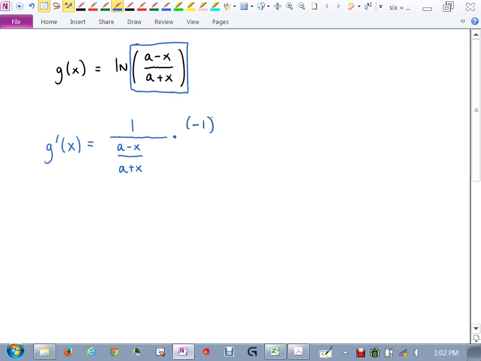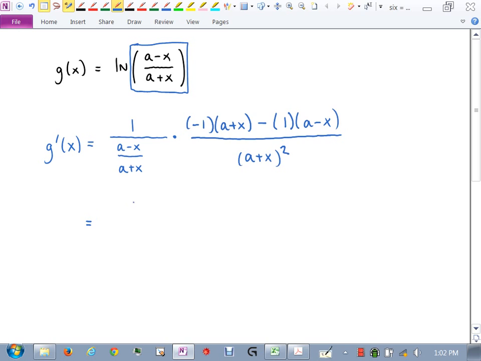Is that where maybe it had a problem? Times the bottom, minus the derivative of the bottom, which is 1, times the top, all over the bottom squared. Are y'all okay up to that point? Any questions there?